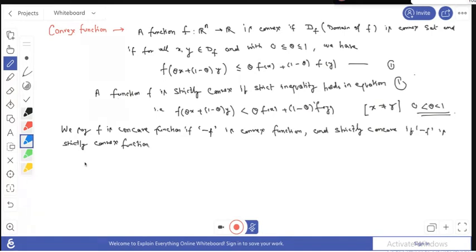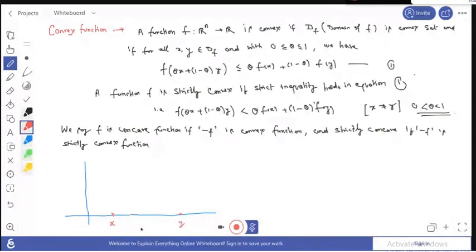Suppose this is your plane, if we take it in 2 dimensions. Okay, so here, if we take any two arbitrary points, suppose this point is the first one and this point is the second one. This point is x and this point is y.